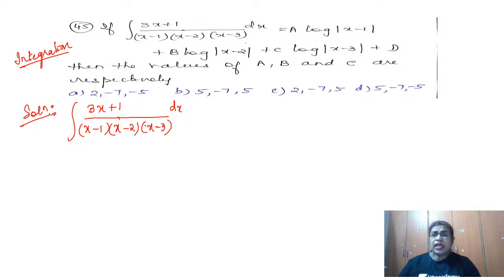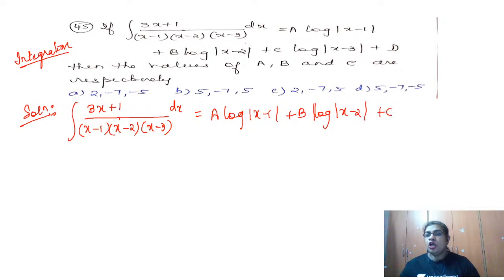Now look at the answer. They have mentioned that this is equal to a into log of x minus 1 plus b into log of x minus 2 plus c into log of x minus 3, plus a constant d.